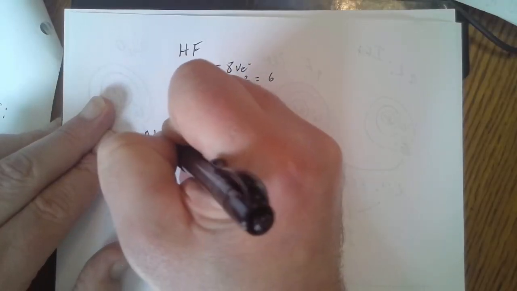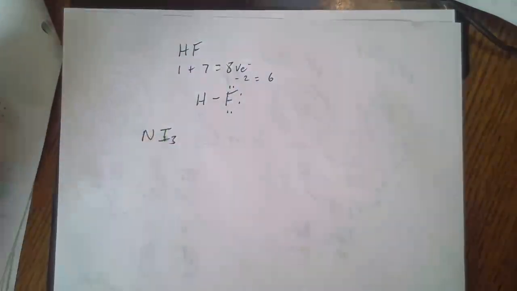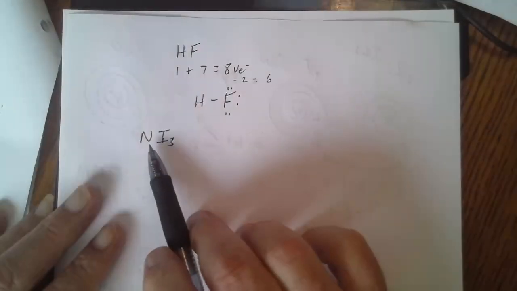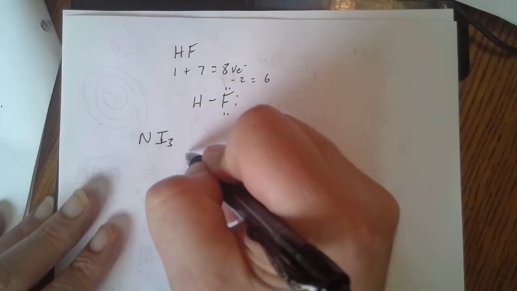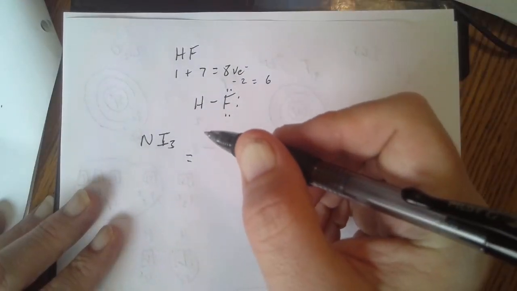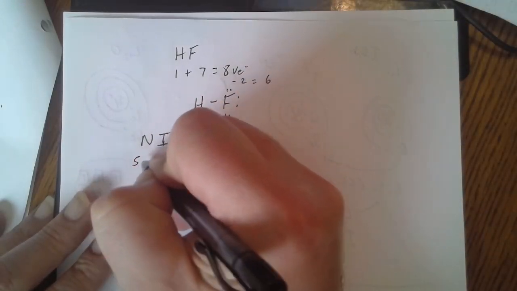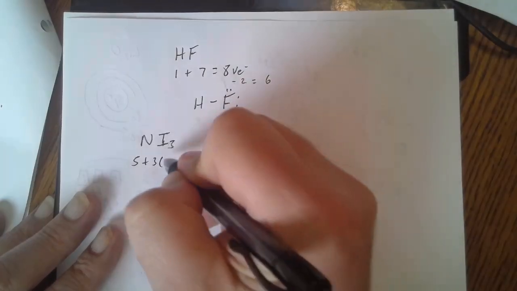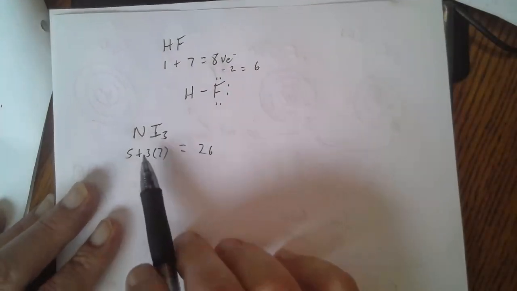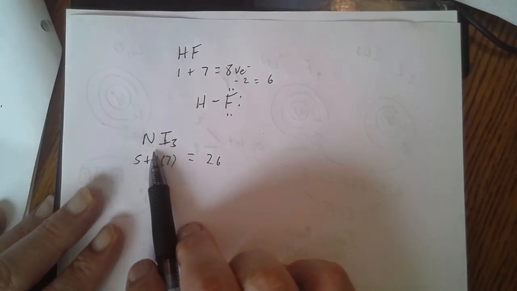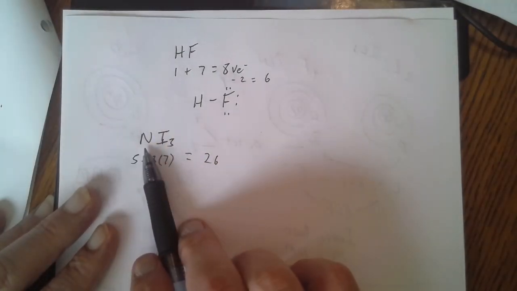Nitrogen triiodide is the next example it gives you. So the first thing you'll do is count these up. Anybody got the number for it? 5 plus 3 times 7 is 26. There's only one thing that can really go in the middle here because there's only one nitrogen.